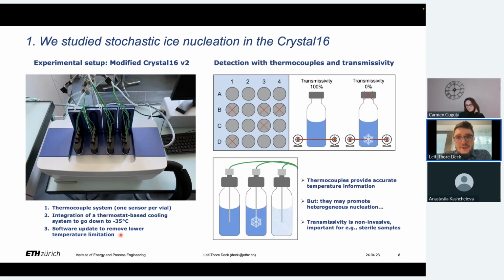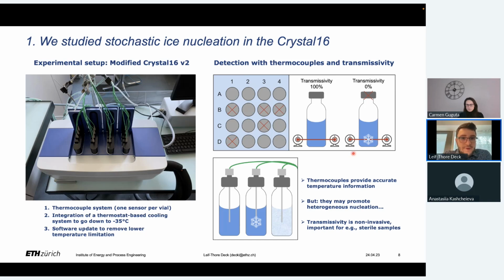Let me quickly mention how we can actually detect nucleation with this device. We have two ways of doing this. One is with the thermocouples, and the second one is with transmissivity sensors, because already in-house, every hole for a vial is equipped with a transmissivity sensor, which is basically a laser diode, where you can have a laser going through the vial if it's transparent and not going through it if it's not transparent.